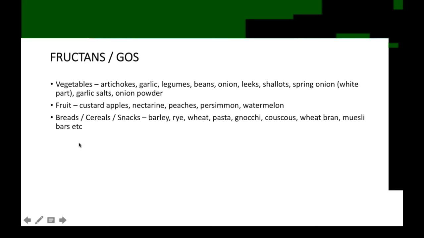So there I've just listed some of the high FODMAP ones that contain these fructans and GOS. Now remember, again, the Beat the Bloat book has whole tables on what is safe on low FODMAPs and what is to be avoided. So do refer to that if you're unsure. But it's worth mentioning about spring onions because it's only really the white part of spring onion that will cause problems.